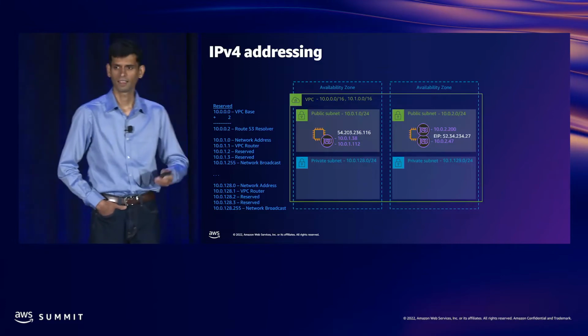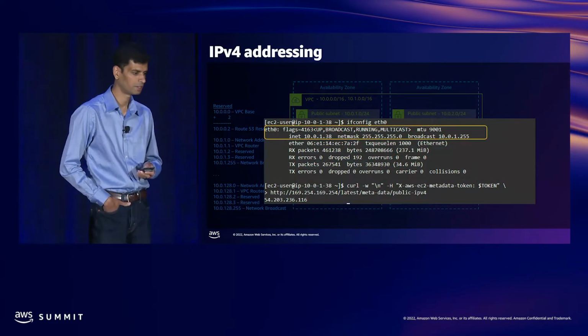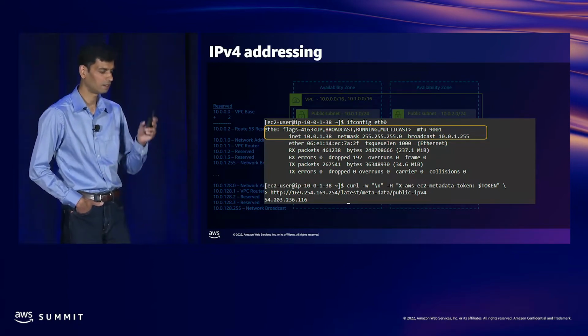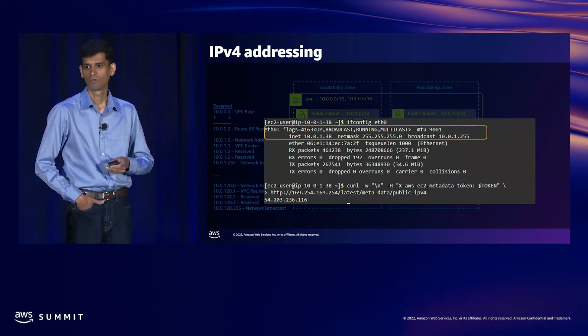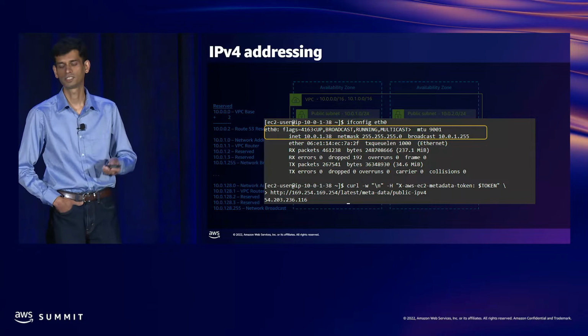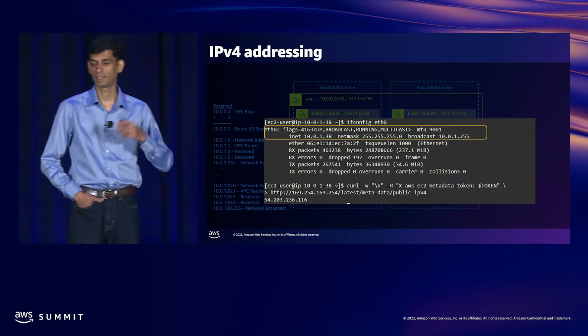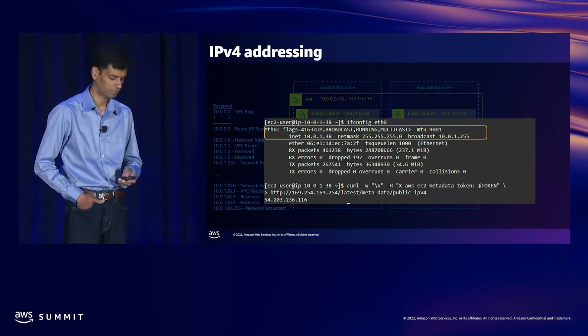All right, so here I have a Linux EC2 instance that is configured with IPv4 addressing, and I'm running an ifconfig command. As you can see, the private IPv4 address is present on the network interface, whereas the public IPv4 address is not seen. And the reason is because the public IPv4 address is a one-to-one NATed address at the VPC boundary. So that's why you don't find it on the network interface.